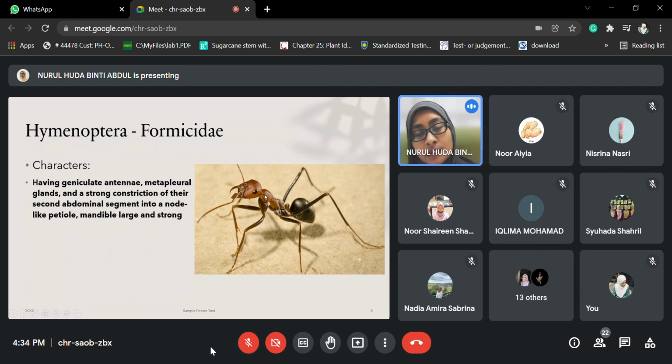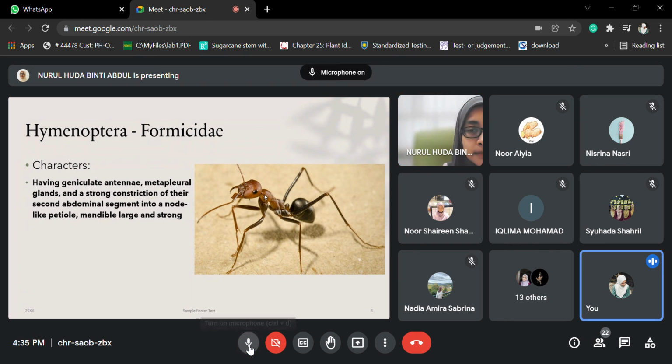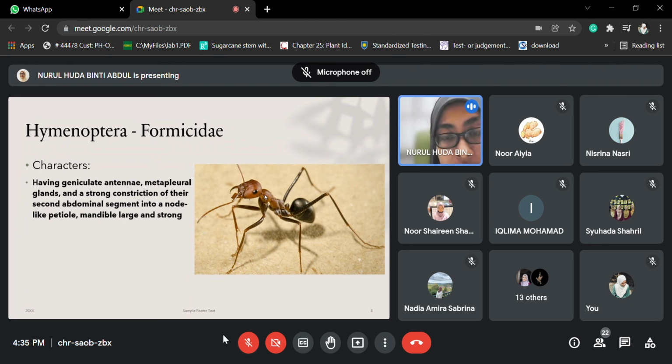Okay, other than that, what else can we say about the characteristics of Formicidae? Yes, they have ocelli. It's actually three. I'm not sure whether you can see it. There are actually three on top, somewhere here. This is the compound eyes.